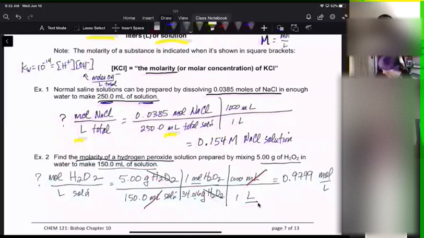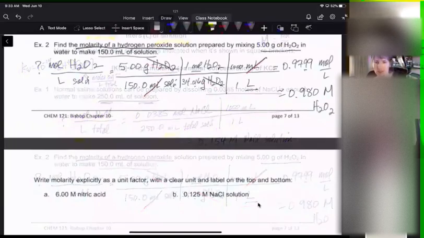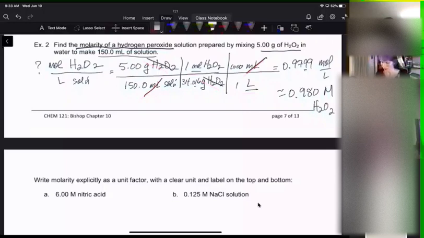All right, that had 3 significant figures, so when I round that, that's going to flip it up, and I'll get 980 molar peroxide solution. So that's kind of the outline of how these go. We, of course, have to go backwards and forwards.